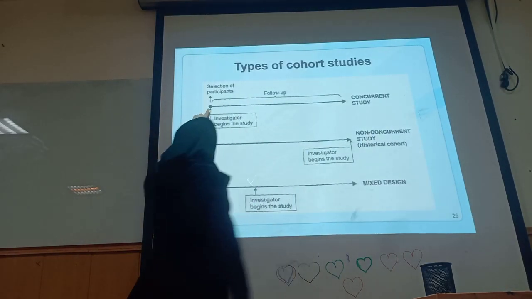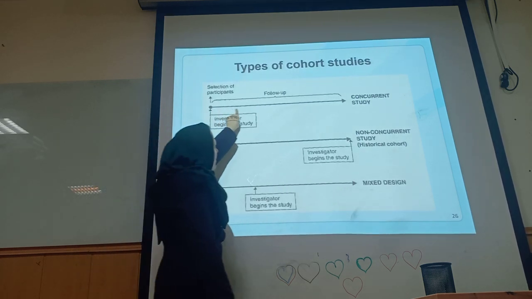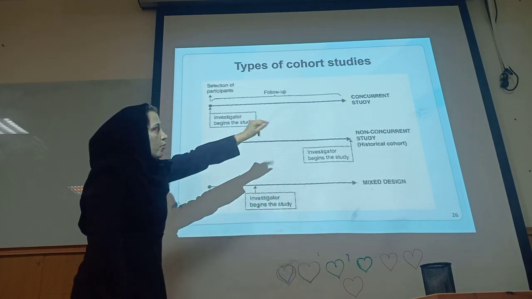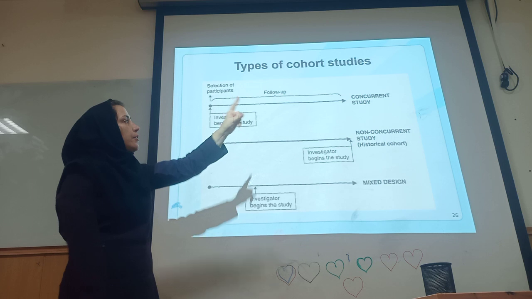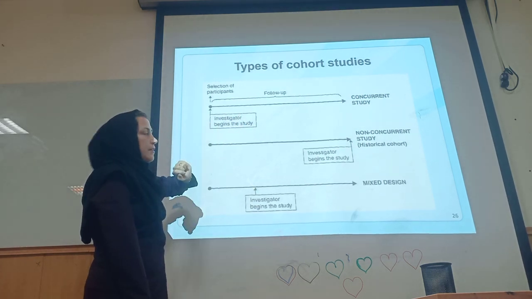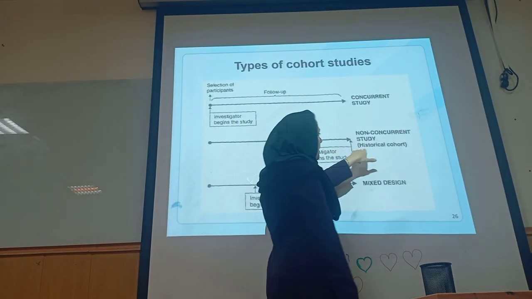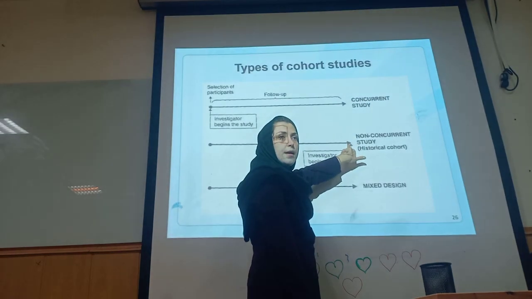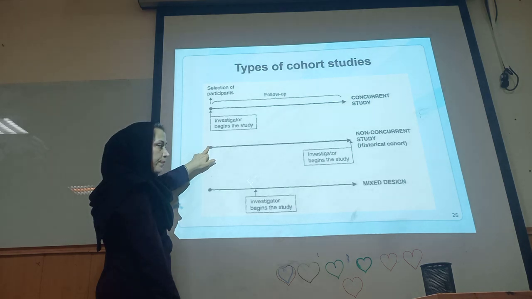Here, you are here as investigator. You can follow the participants in the future for occurrence of the disease. It is concurrent or prospective. Here, it is non-concurrent or historical cohort. You are here and you use the data from previous years.